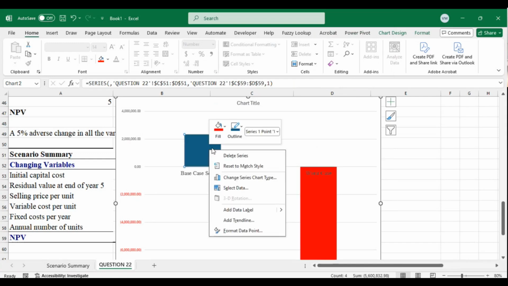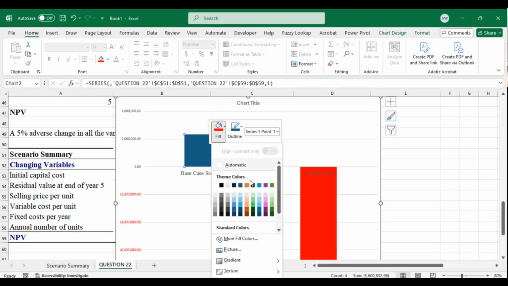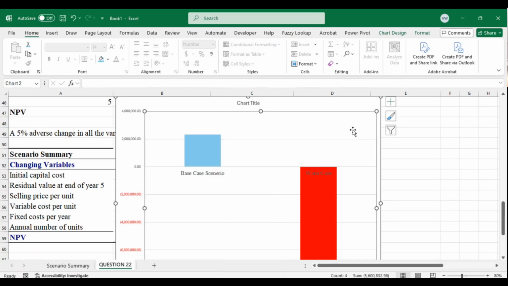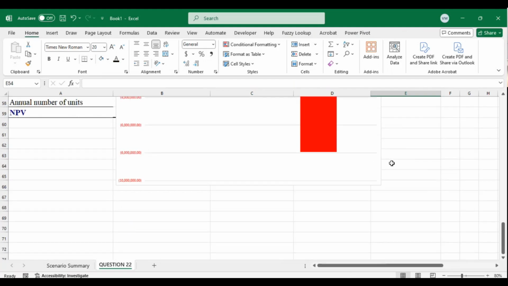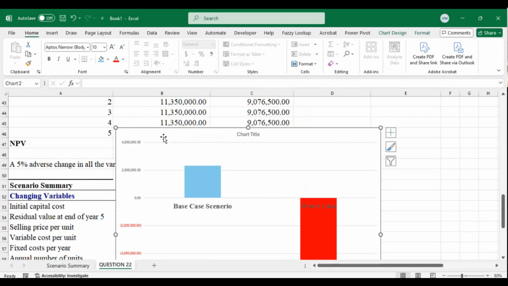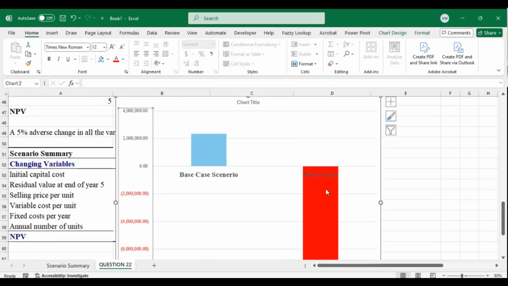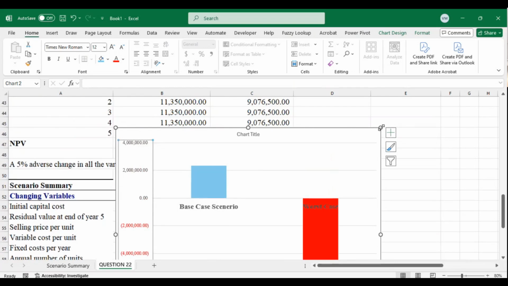Then this one, maybe in the best case, we can give it a light blue fill. There is no problem. We can make our text bold and also increase it, so that this will be our chart.